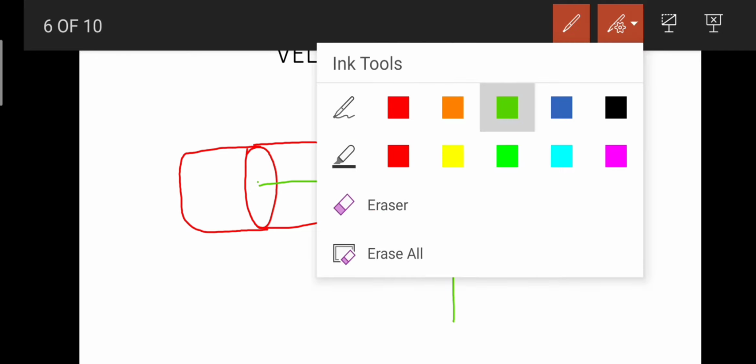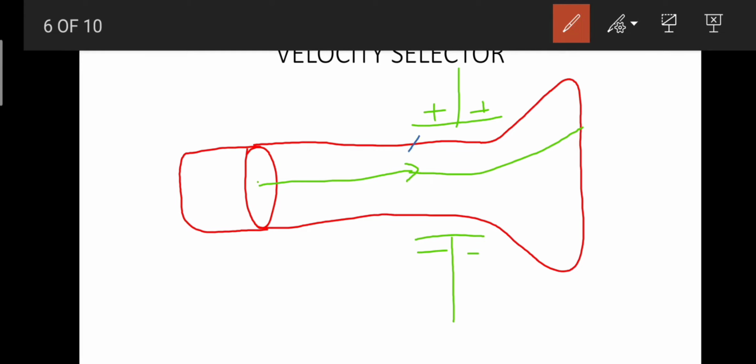And what will happen if I apply a magnetic field? If I turn off the electric field and just turn on the magnetic field, the path of the electrons will be in this direction.